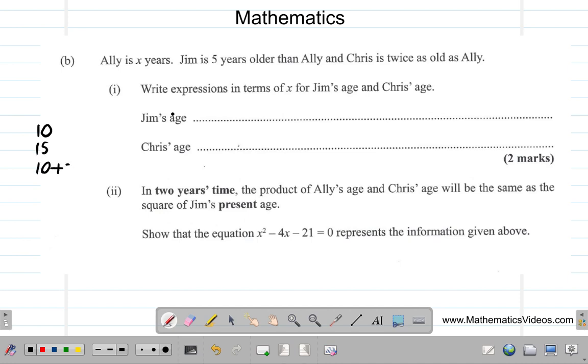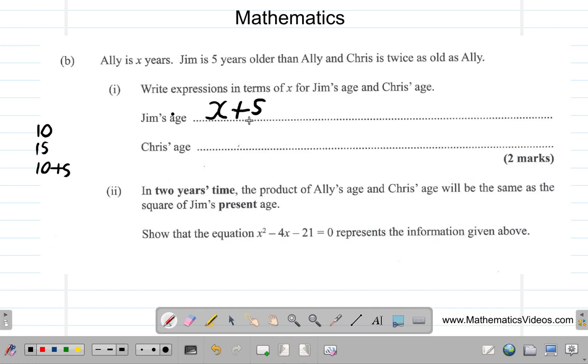And that means you have 10 plus 5. You see? So by the same argument, Ali is X, you don't know what X is, but Ali is X years old. If Jim is 5 years older, then Jim must be X plus 5. 5 years older than Ali. You see?